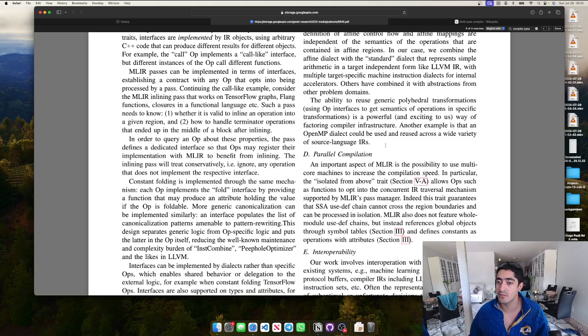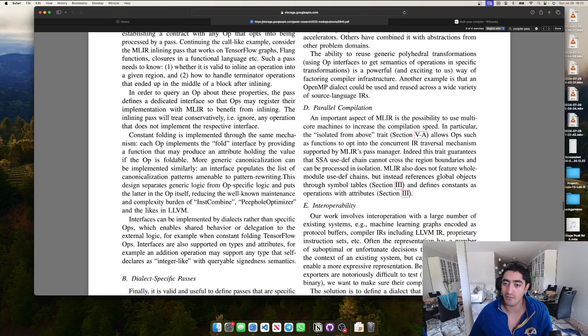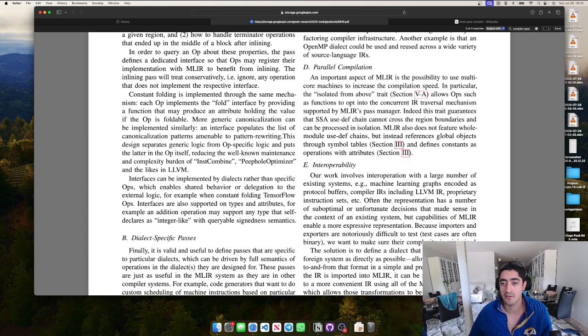The ability to reuse generic polyhedral transformations using op interfaces to get semantics of operations in specific transformations is a powerful and exciting way of factoring compiler infrastructure. Another example is that an OpenMP dialect can be used and reused across a wide variety of source language IRs.